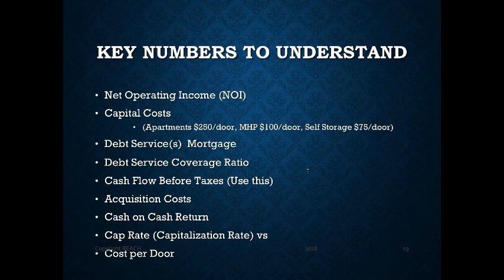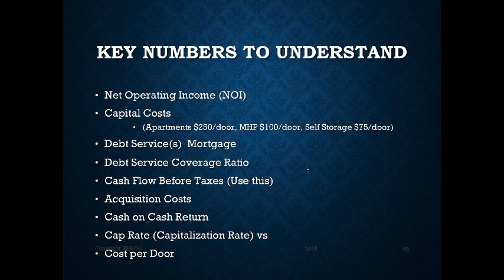Okay. So now what the next thing is, let me back up for a minute. If I had a 10-unit property, 10-unit apartments, I'm going to add $2,500, $250 times 10, to my expenses.